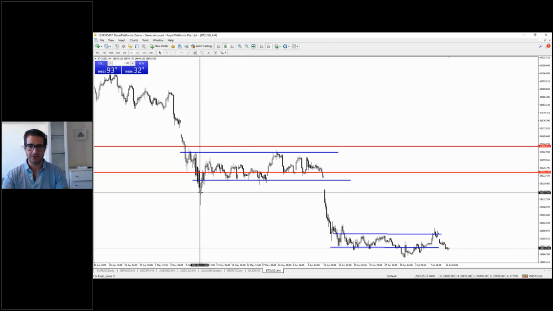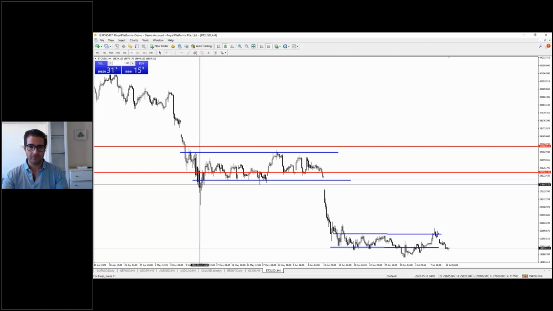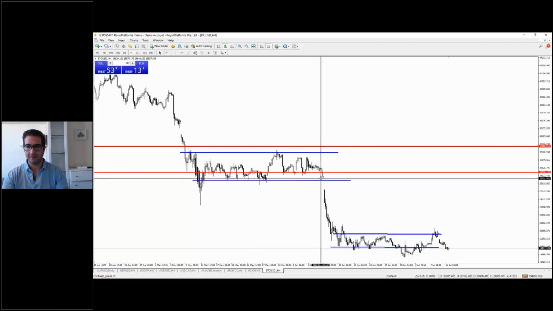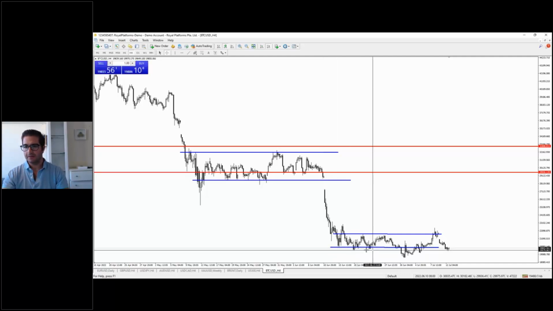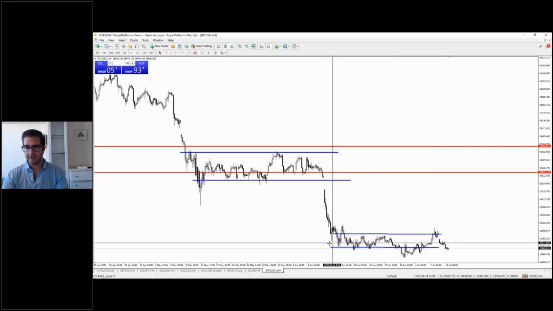We have already measured this. Let me do it again. From beginning of May, mid-May till mid of June or beginning of June, so nearly 1 month. So we might see something similar in this pattern here. We started this in mid-June.